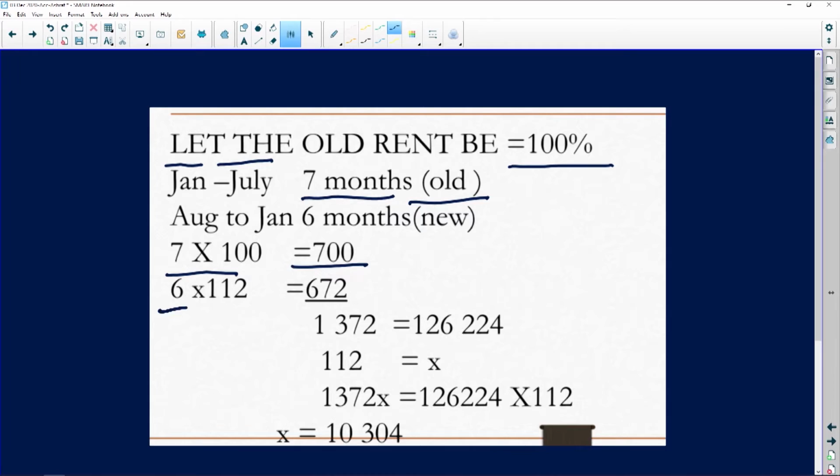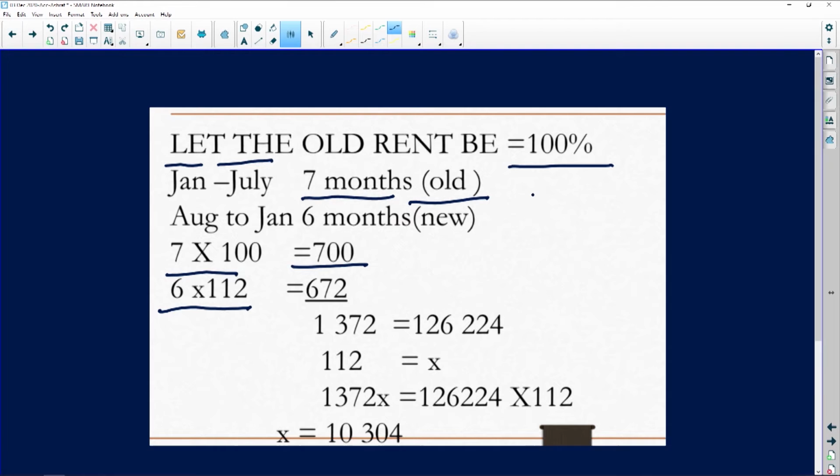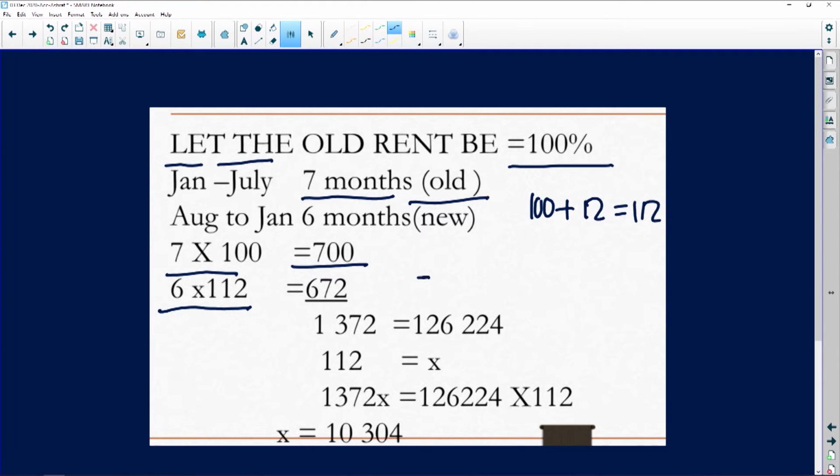Take your 6 months times the new percentage. Remember, the percentage is now 112. Why? Because it was the 100 old rental plus the increase of 12% to give me my new rental of 112. 112 for 6 months, multiply that, you get a figure of 672. Clear?